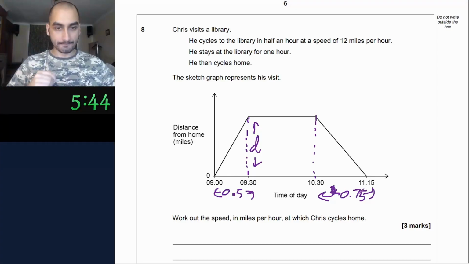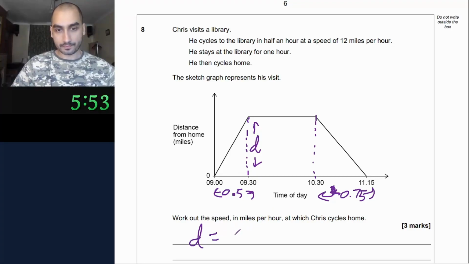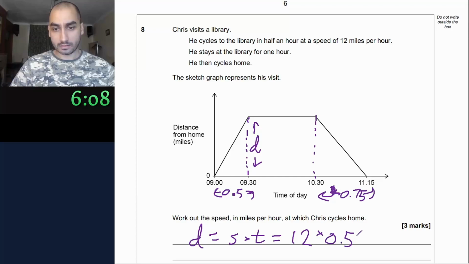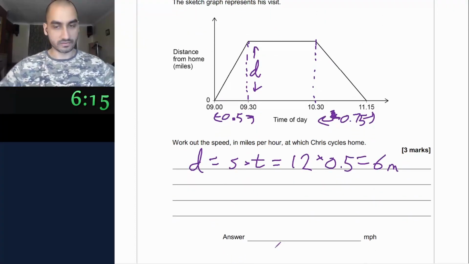So first we want to find D. So D equals speed times time, which is 12 miles per hour times 0.5 hours, equals 6 miles. Why are they using miles? All right.